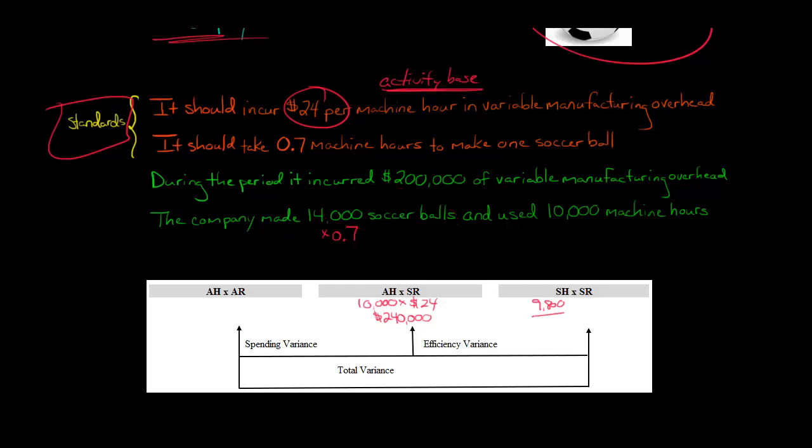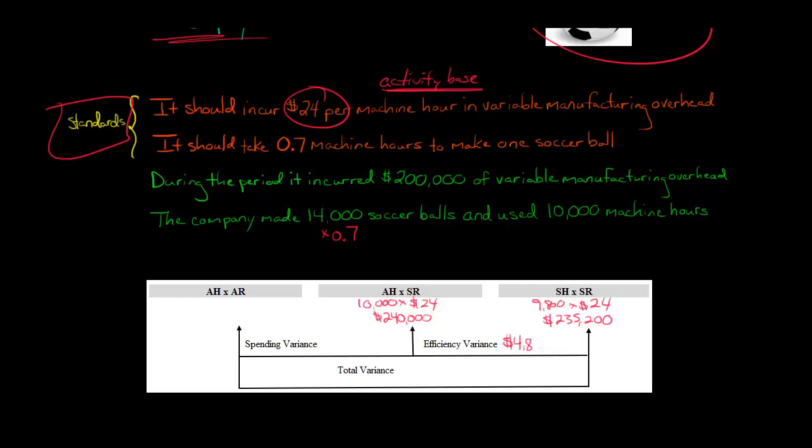That's our standard hours, SH. Then the standard rate is the same as before, $24. If you multiply 9,800 times 24, you get $235,200. So now we compare the 240,000 to the 235,200, and you'll see it's a difference of $4,800.